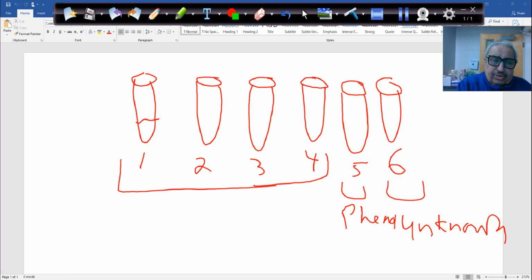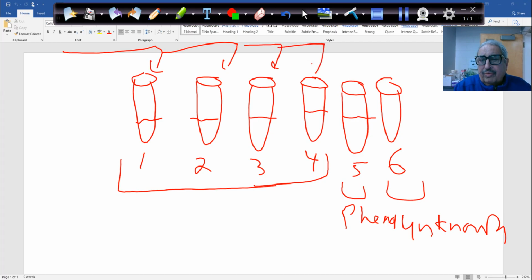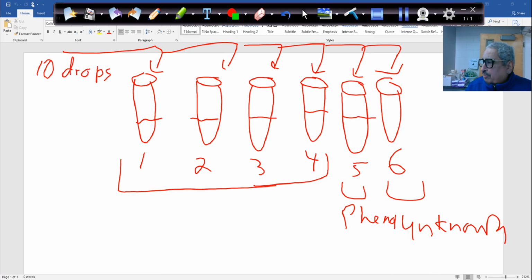You will add your alcohol here and your phenol here, and all the additions in all of them. It says sometimes 5, sometimes 10. Be consistent at 10 drops of your compound.